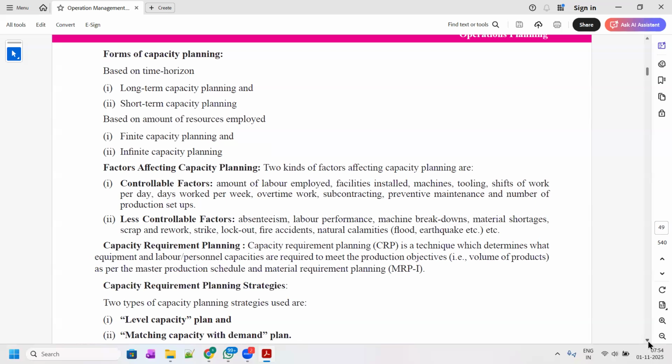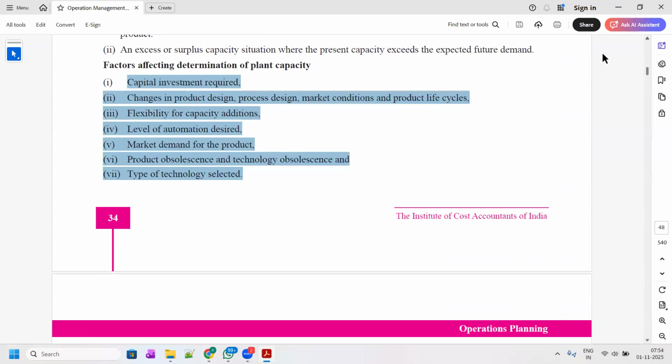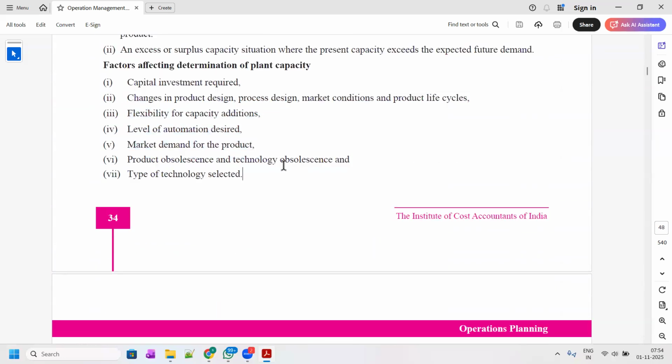Obsolescence basically means that the technology you are using has become outdated. Imagine you have some kind of technology, maybe AutoCAD, or machinery setups, or some technology which is calculating the demand.